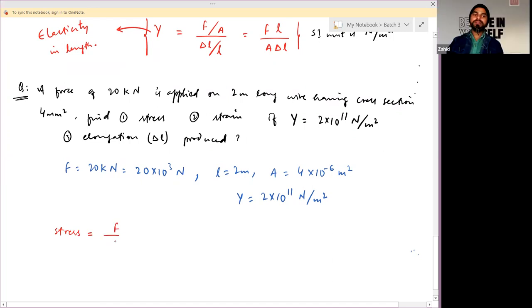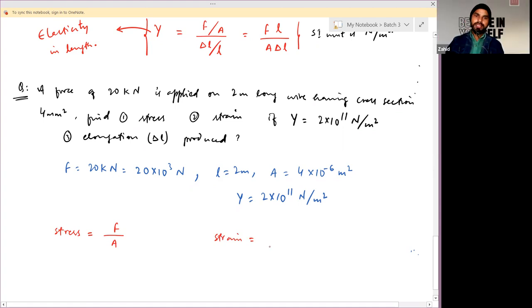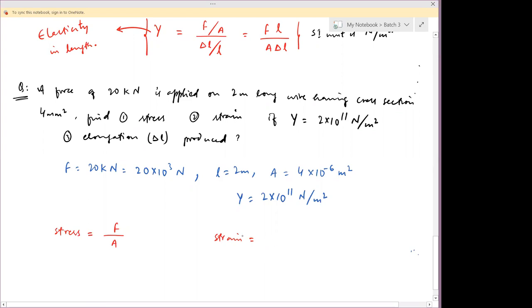Stress equals deforming force by area. Just put the value of these two terms. For strain, Sir, is my answer correct? Just one minute. Check your calculation. Okay, sir.